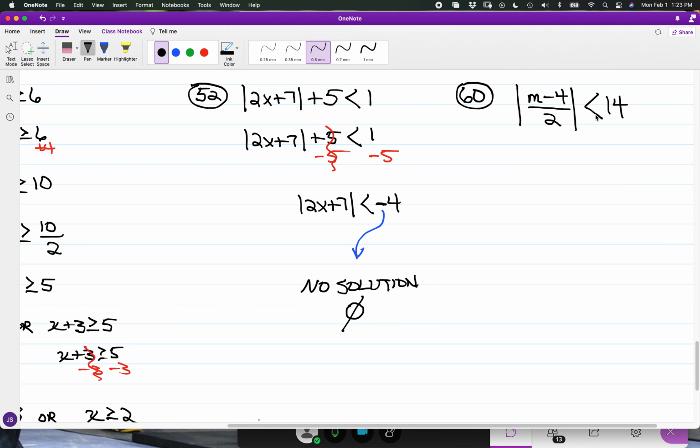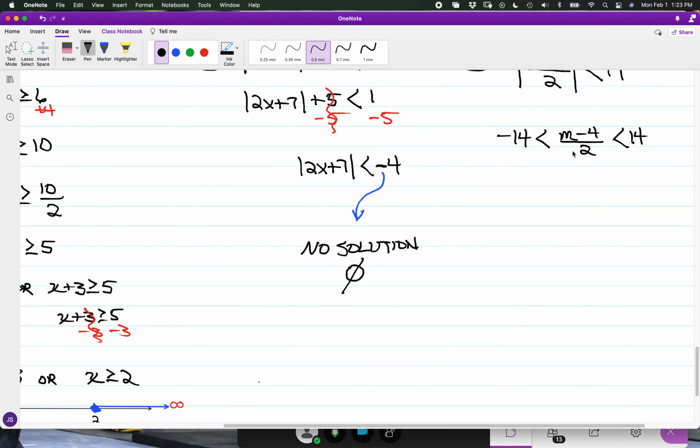So we have the absolute value of x is less than k. K is 14, which is non-negative. With this setup, I can arrange a compound inequality where -14 is less than x, which in this case is represented by m minus 4 all over 2, which in turn is going to be less than 14.